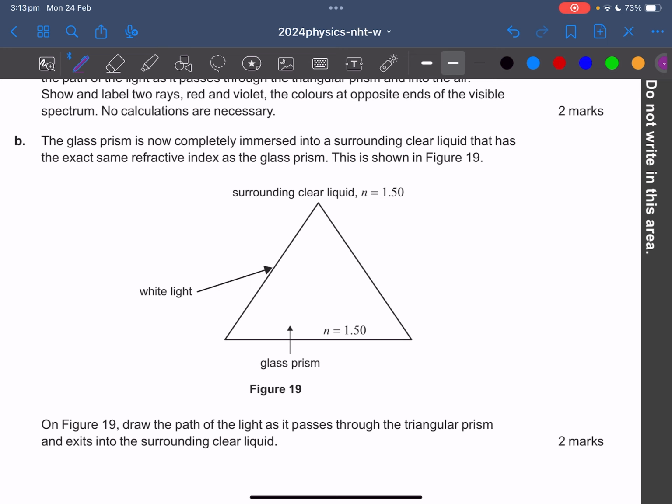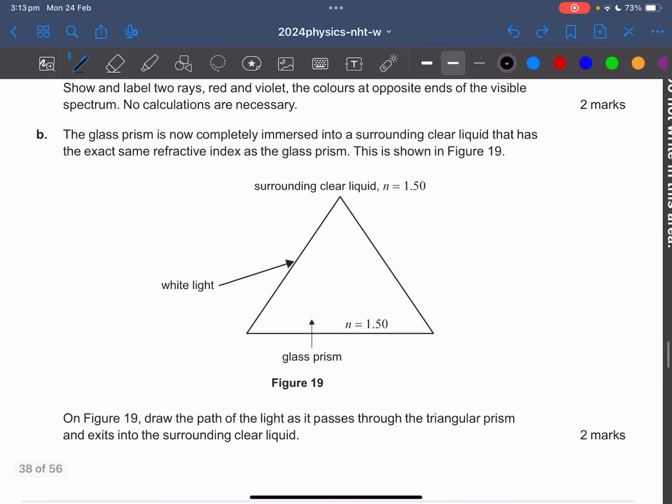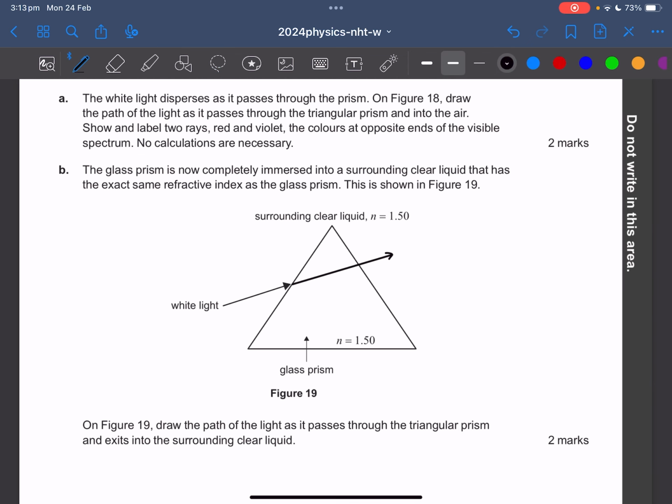Because the surrounding refractive index and the refractive index of the glass prism itself are the same, it will just be one straight line. There'll be no separation of the colors.